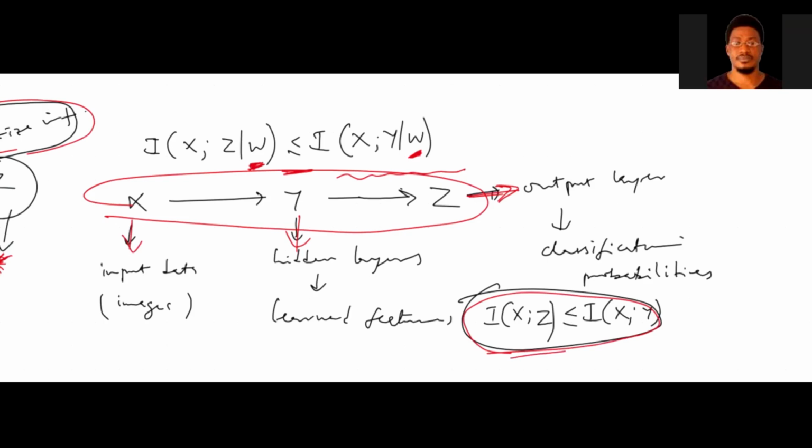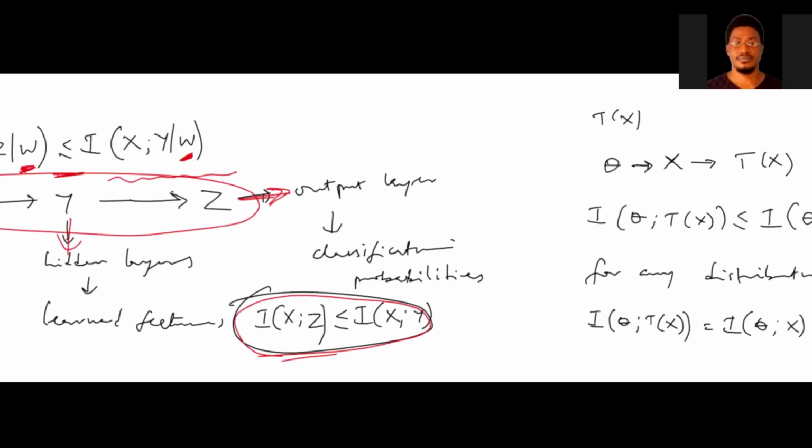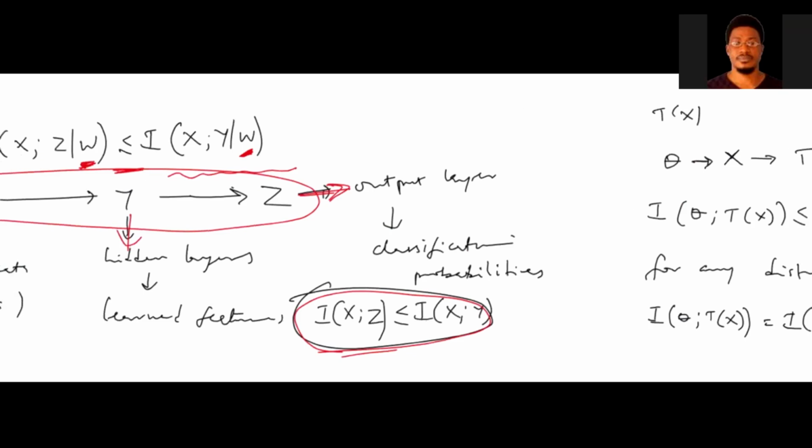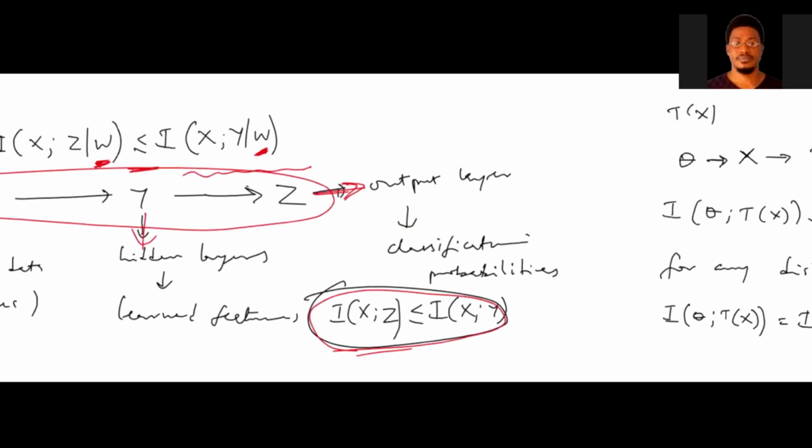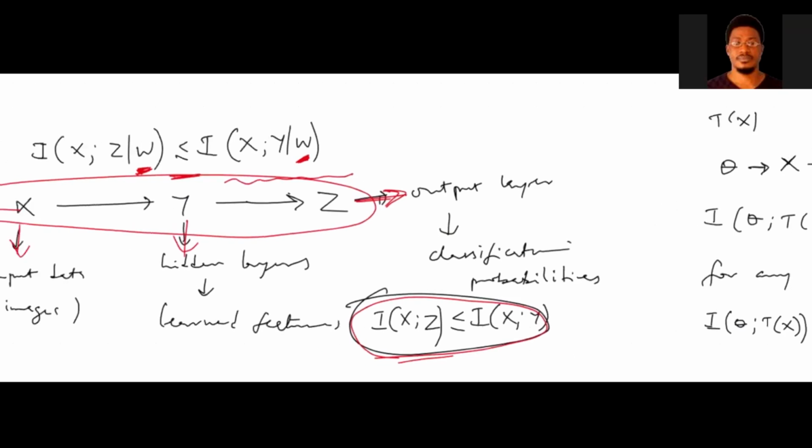So with this, you can now use the chain rule to provide a description of whatever you want to do, okay? In this case, based on the data processing inequality, the network will perform this Markov chain such that the mutual information between X and Z, that's between the input data and the classification probability, must be less than or equal to the mutual information between the input and the hidden layers.